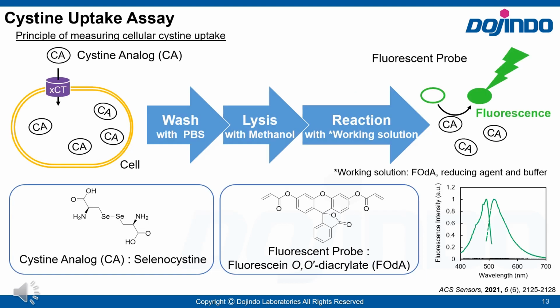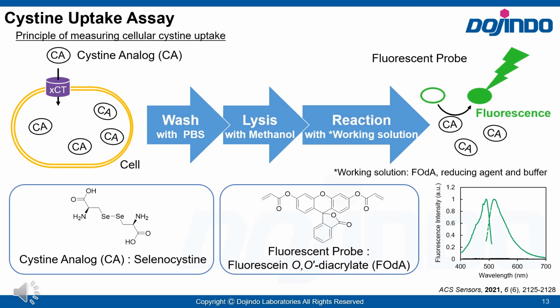This slide shows the principle of measuring cellular cysteine uptake. The cysteine transporter xCT is a crucial transporter that maintains cellular redox balance. It does this by regulating cysteine uptake and thus regulating glutathione synthesis.